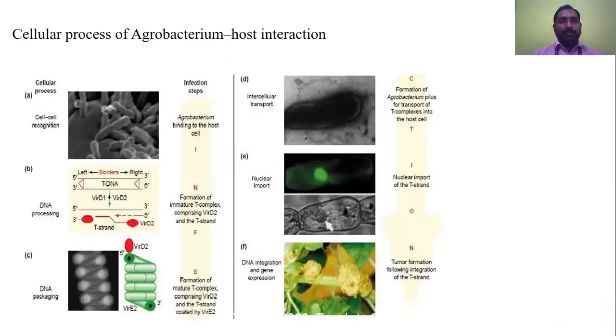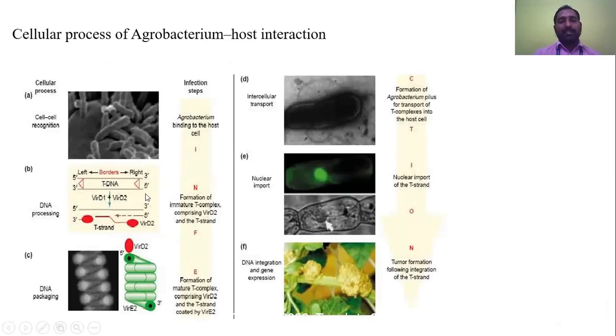And here we have the cellular process of agrobacterium host interactions. Here you can see the cell to cell regulation, and the T-DNA from the Ti plasmid, which is packaged, and the vir genes which are found with the T-DNA.